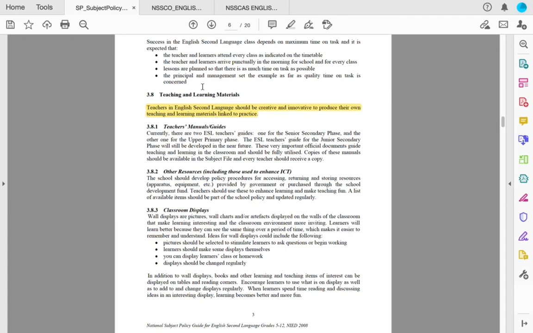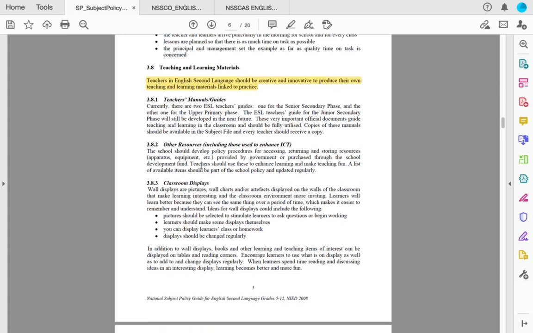When it comes to the teaching and learning materials, we have the teacher manuals. And then we have other resources, including those used to enhance ICT.